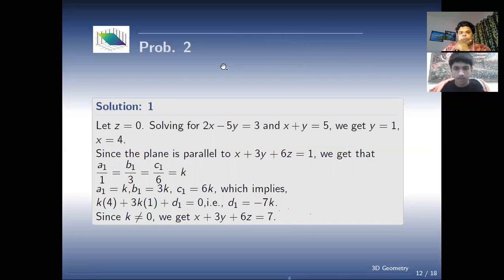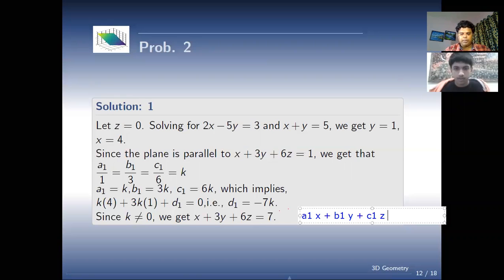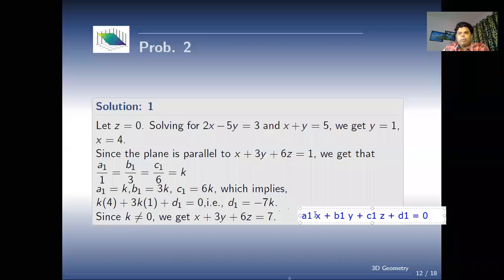If I plug it back into a1x plus b1y plus c1z plus d1 equal to 0, for a1 I'm going to put k, for b1 I'm going to put 3k, for c1 I'm going to put 6k, and for d1 I'm going to put minus 7k.